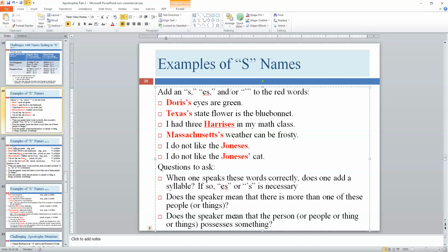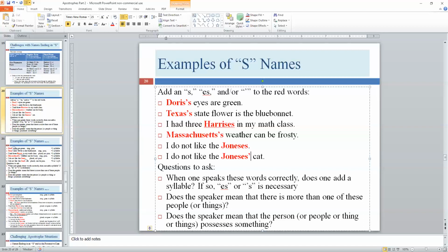And finally, does the speaker mean that the person or the thing possesses something? Does Doris possess these eyes? Well, yes, she does. Does Texas possess a state flower? Again, we talked about in our very first lecture, the term possessiveness is broader in a grammatical sense than it is in a literal sense. Obviously, the state of Texas does not own every single bluebonnet flower out there, but it has that special relationship with that flower.